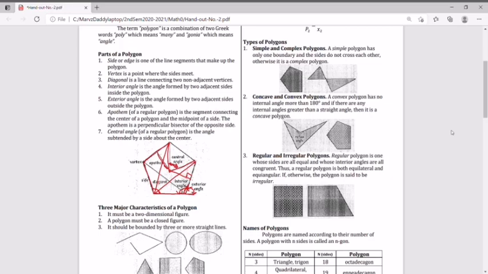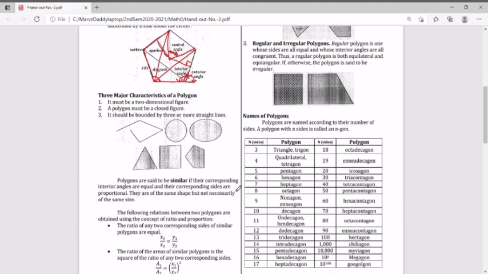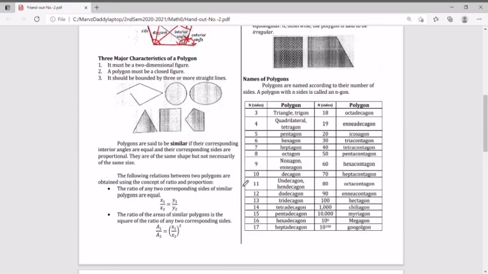Okay. So, three major characteristics of a polygon. It must be a two-dimensional figure. So, only a two-dimensional figure is a polygon. It's not three-dimensional. So, the unit for area and perimeter of a polygon is in square units.